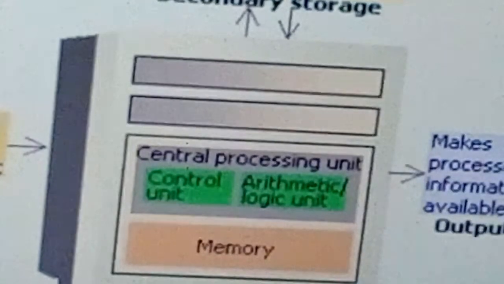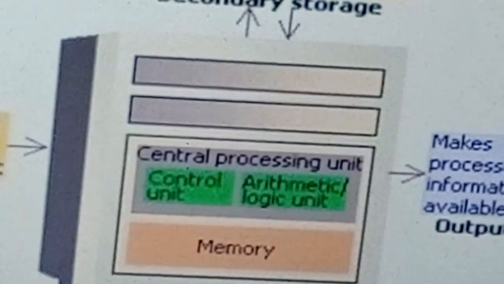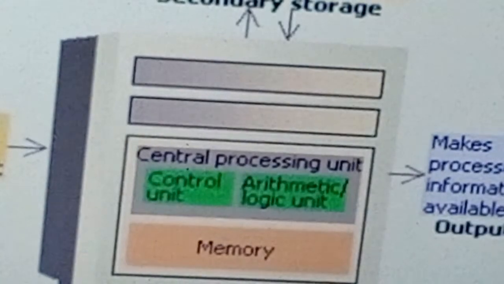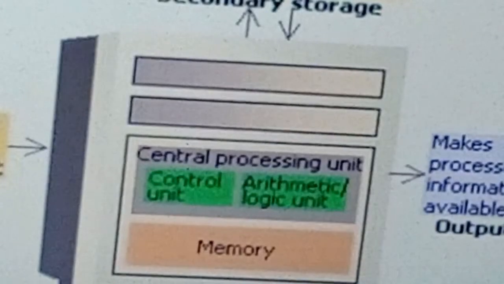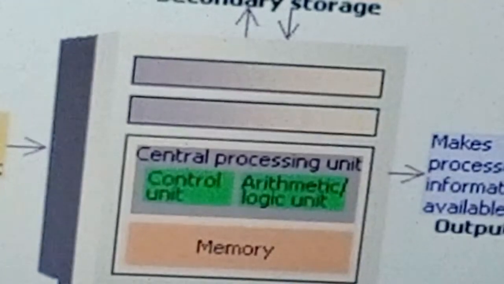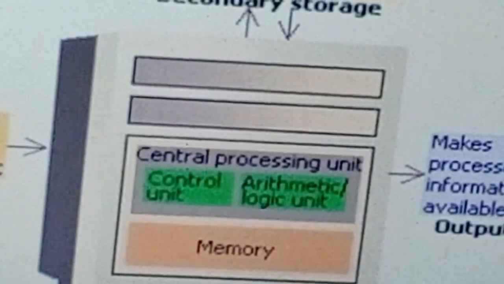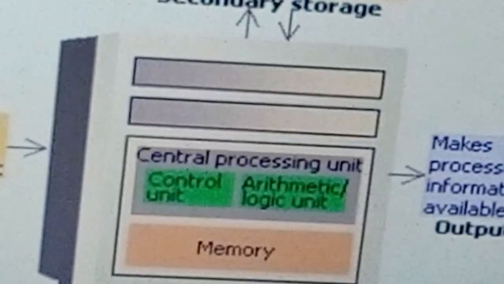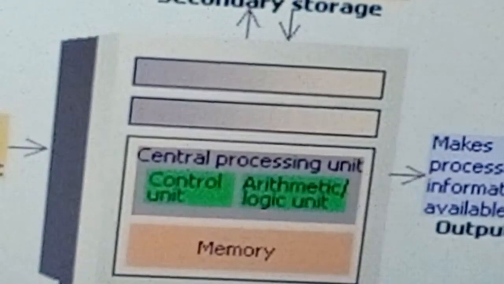For the human brain, memory is storage space. Similarly, for a computer, it is a storage space, a physical device which is capable of storing data or programs temporarily or permanently. Permanent is secondary storage and temporary is primary storage.